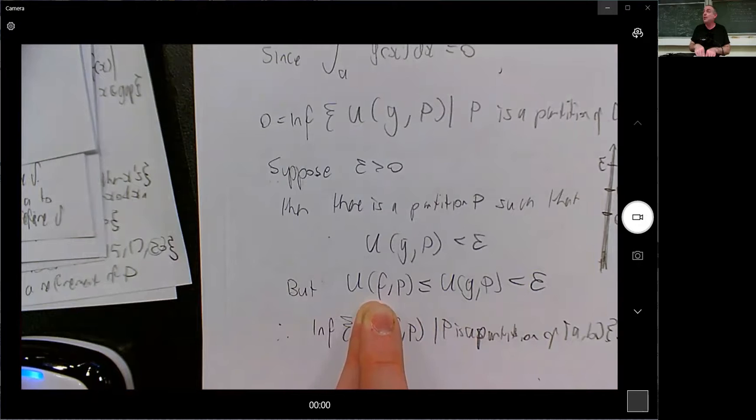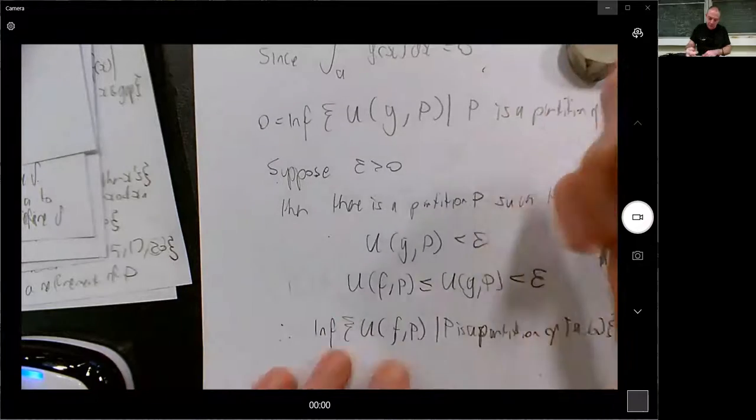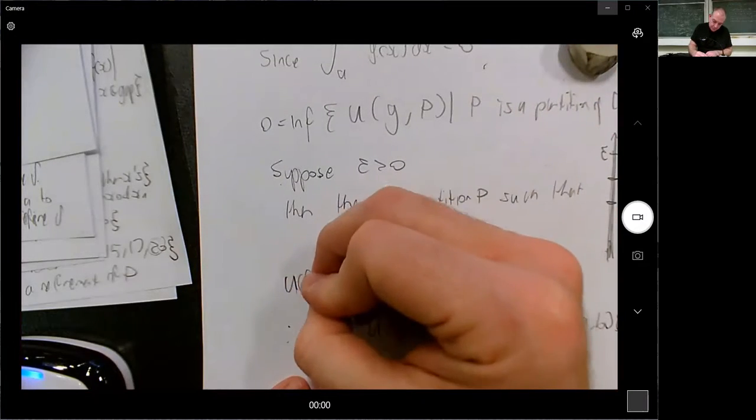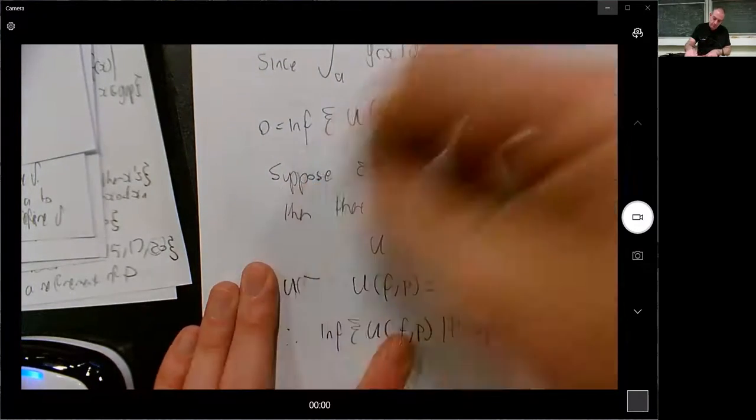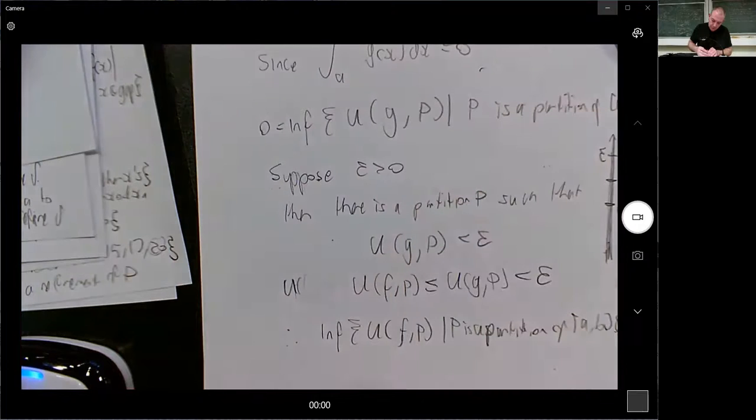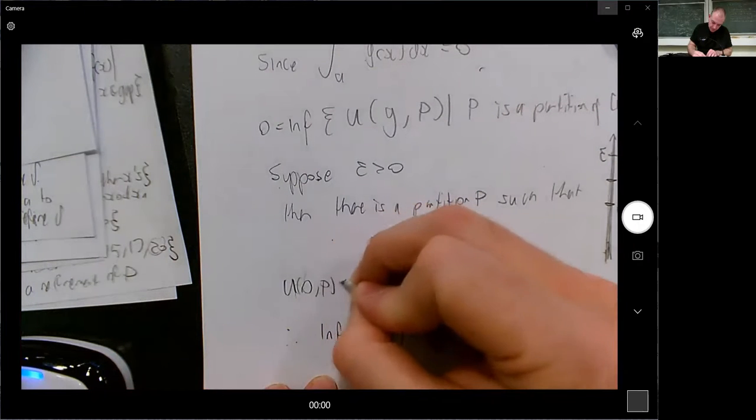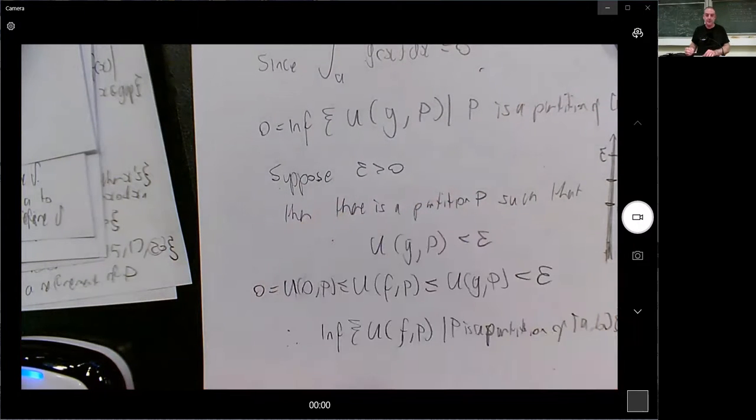Like the function that's always 0, its upper sum is 0, and its lower sum is 0 on every possible interval. So it's definitely true that that is the truth.